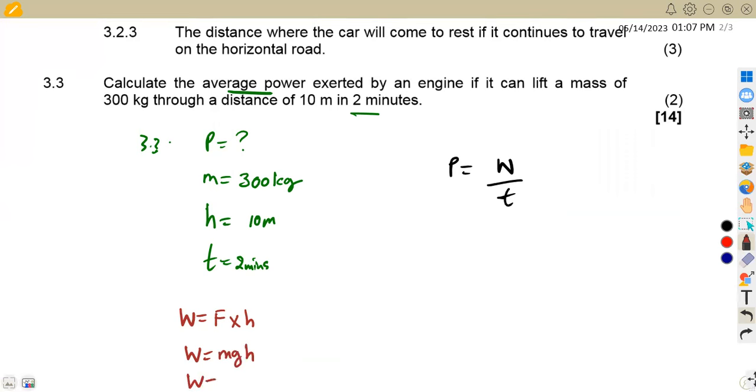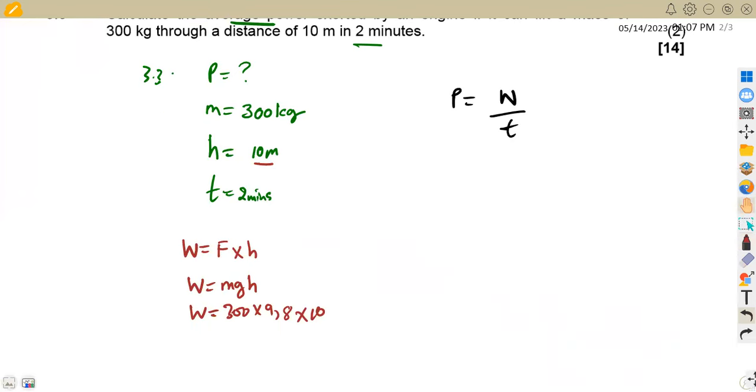So we can calculate our work done. That is a mass of 300 times the gravitational acceleration of 9,8 times the height, which is the distance of 10 meters. This is going to give us the work done in joules in this case. So this is going to be something like 29,400 joules in this case.